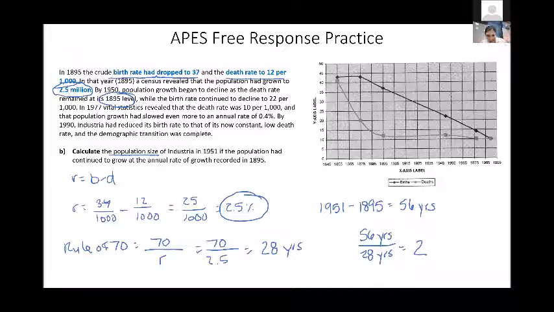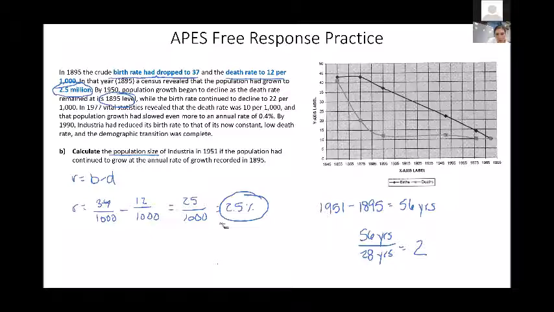So I've almost got everything that I need to do this problem. Let me make a little bit of room and we'll finish up, because we still need to know the size of Industria in 1951 if it stayed at that same rate.